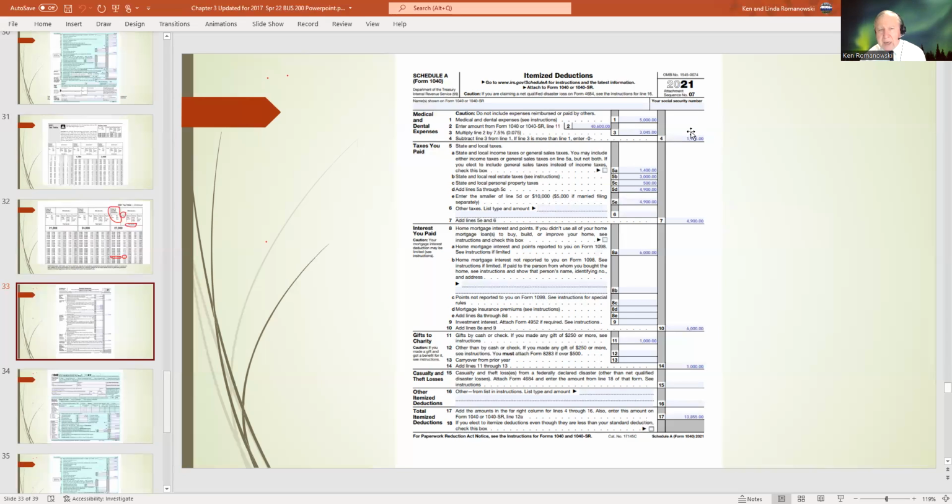So far he's got $1,955 of medical and dental and taxes paid of $4,900. Now, he has a mortgage and he has paid $6,000 of interest on that mortgage. So he puts the mortgage interest right here on line 8A.